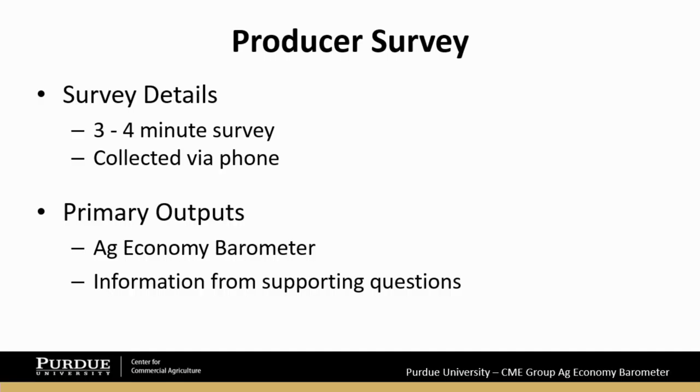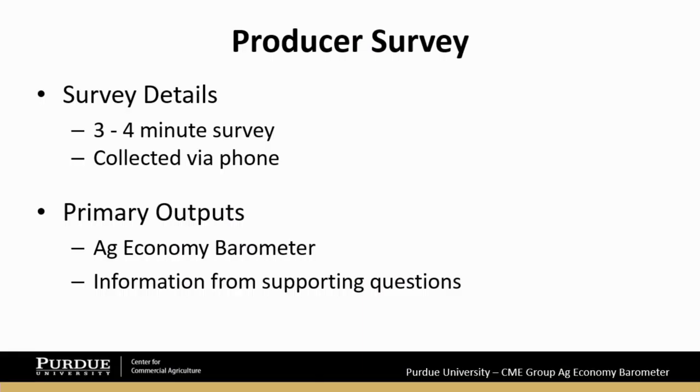The second thing is that we do it by phone, and we ask the questions, and you'll see some samples here in a little bit. We try to keep the questions very friendly to phone responses. We're not asking them to recall numbers from 5 or 6 years ago based on their farm's financial performance. We use better than or worse as ways of quantifying their responses.